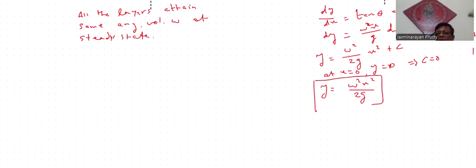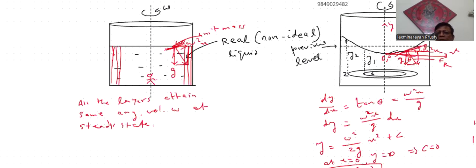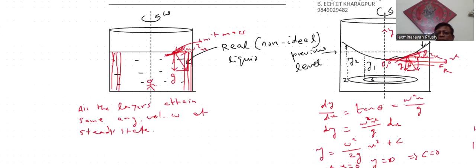This is a parabolic curve. Agreed? So this is the surface, the parabolic surface. In 3-dimensional, it looks like a paraboloid, because I am showing a 2-dimension, but it's a 3-dimensional body. So the parabola revolving around this symmetric axis will build a paraboloid surface, right?